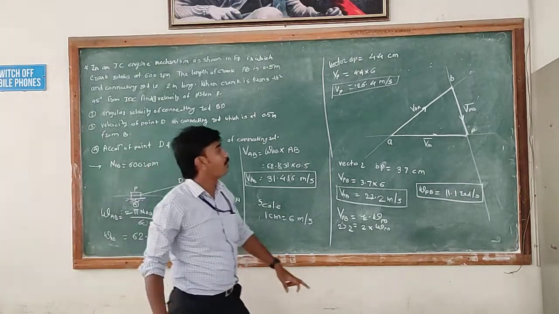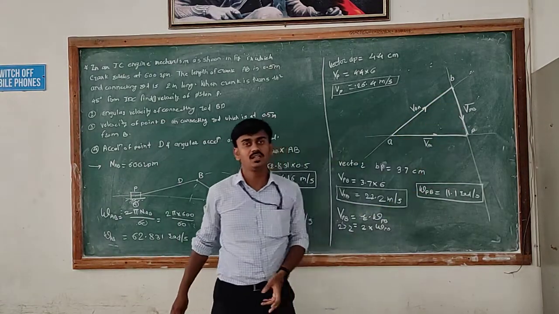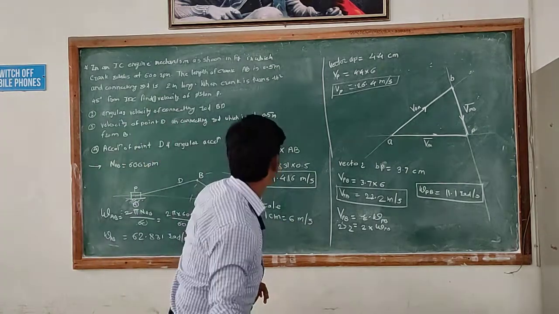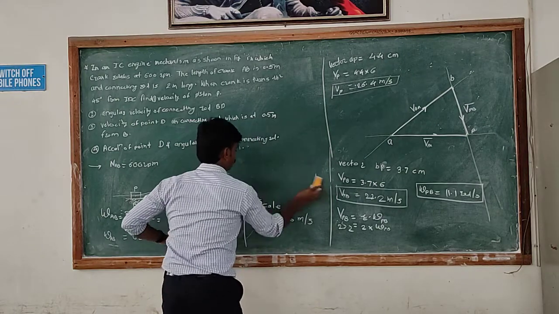Now we have to locate the point D, where it will lie on this vector. For this purpose we have one relation.